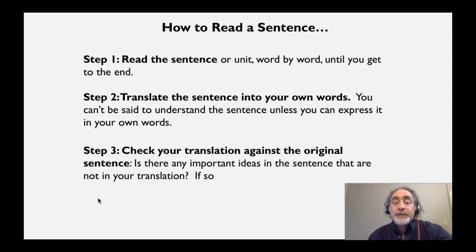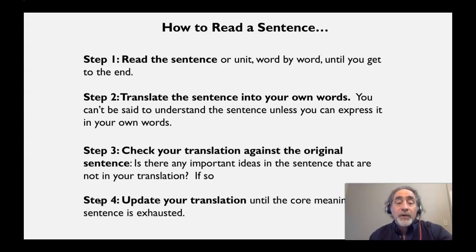Check your translation against the original sentence itself. Ask yourself, are there any important ideas in the sentence that are not in your translation? If so, update your translation until the core meaning of the sentence is exhausted, until everything that is important in your sentence is in your translation. You must be able to state the sentence in your own words, or you don't understand it.